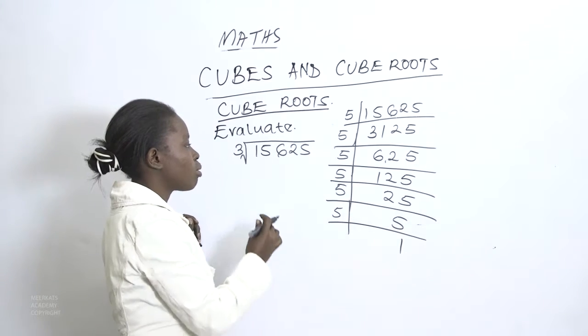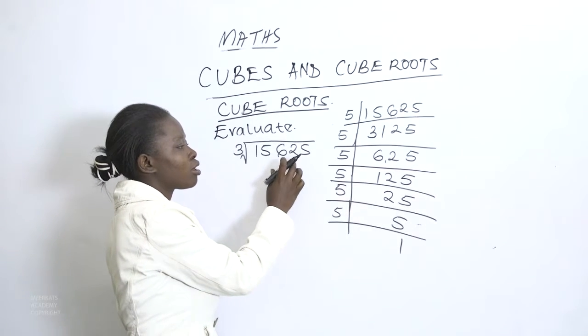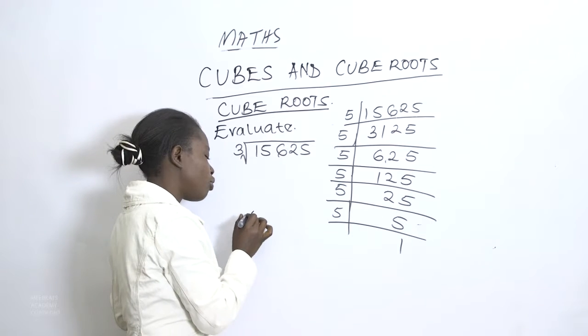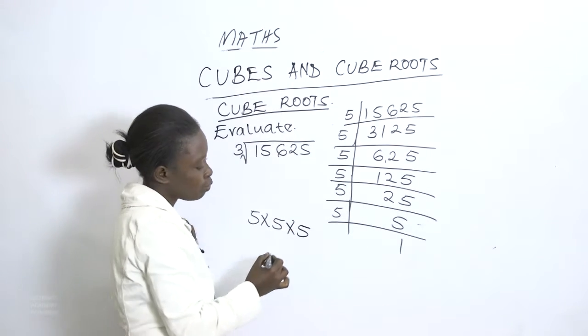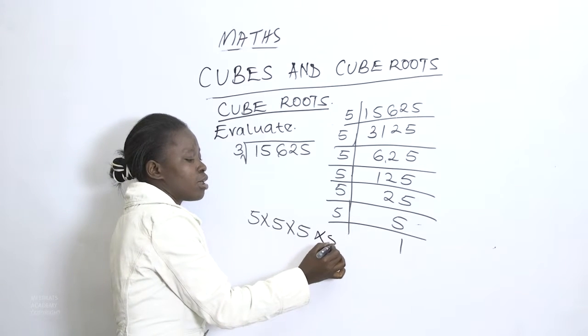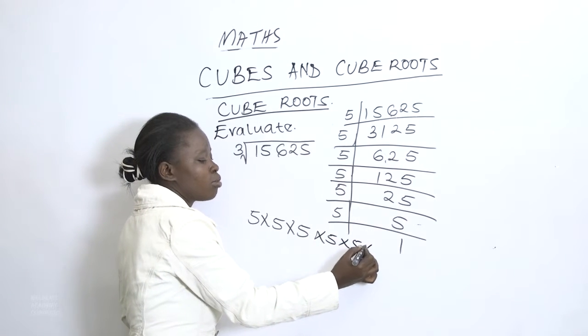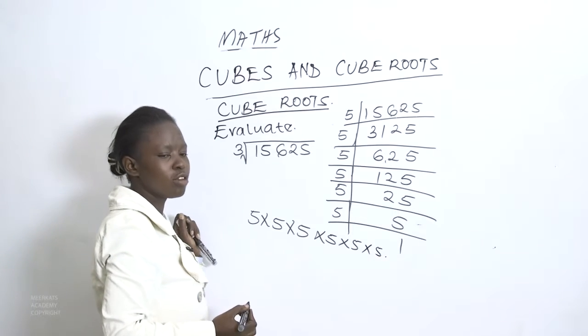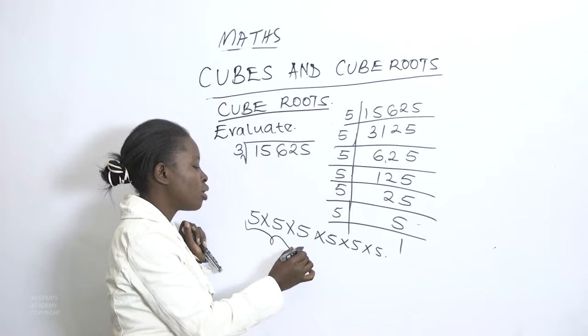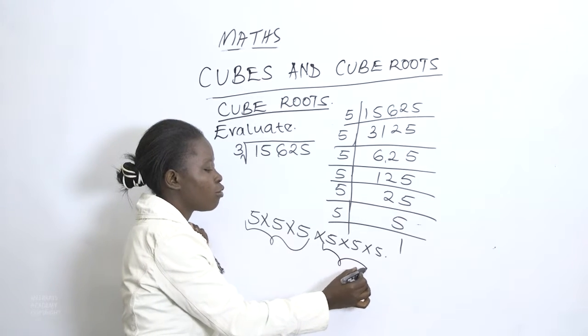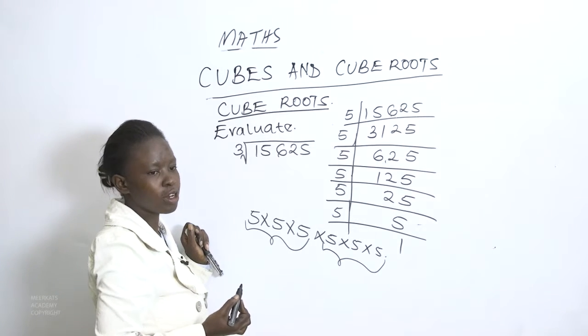So the prime factors making up 15,625 are 5 repeated 6 times. So we have 5 times 5 times 5 times 5 times 5 times 5. Then we want to get the cube root, so we group them into groups whereby we are having the number repeating itself 3 times.